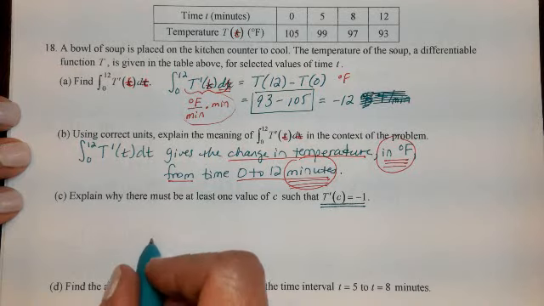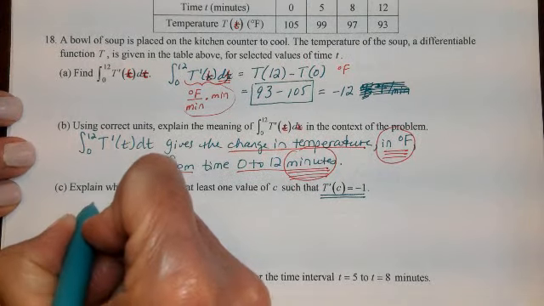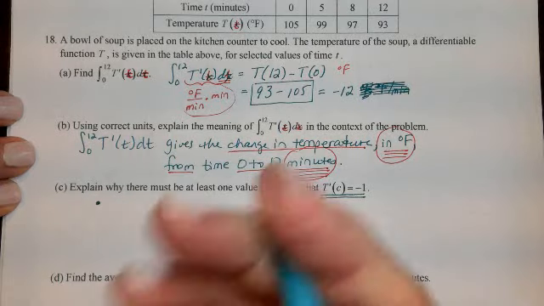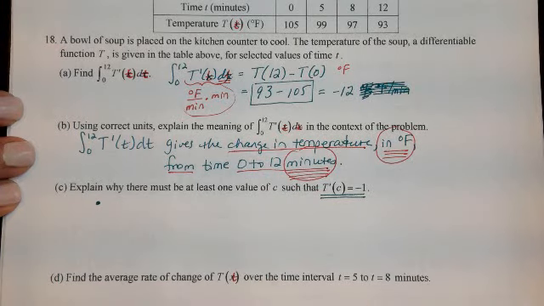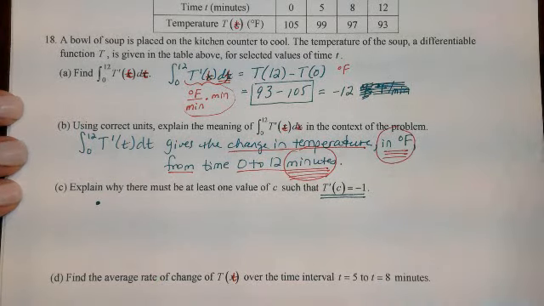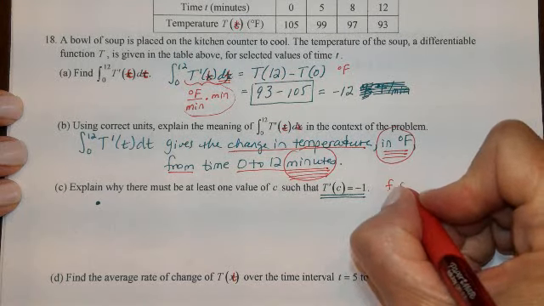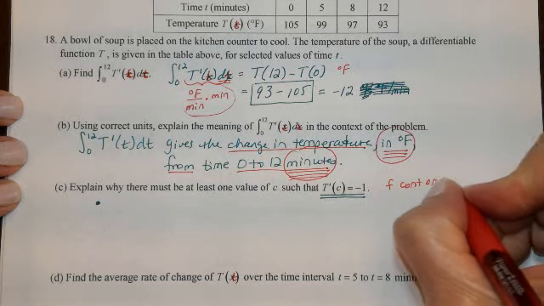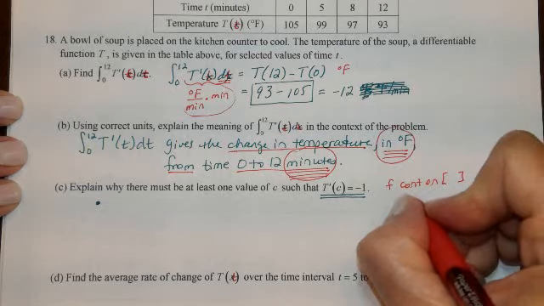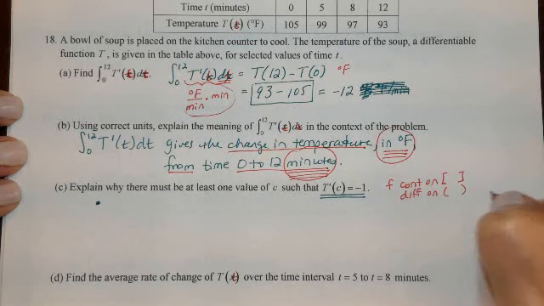So let's think about that. We always started with, it was a 3-step process that we used. The first thing that we did was we list the conditions for mean value theorem. So what conditions need to be true for mean value theorem? We need the function to be continuous on the closed interval and differentiable on the open interval.